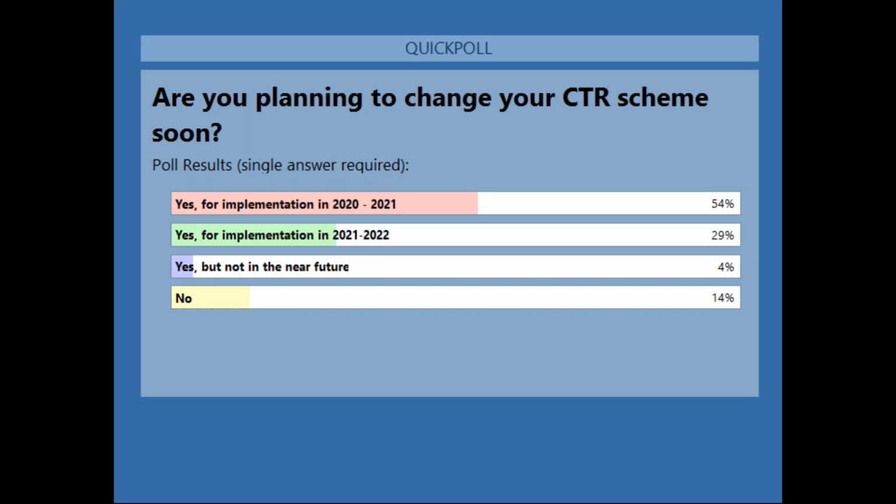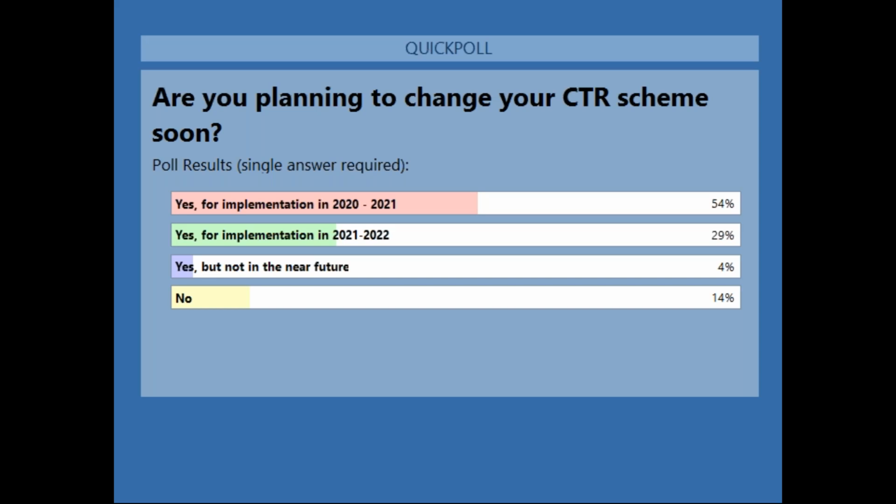Are you planning to change your CTR scheme soon? 54% of you say yes, you're planning to change your scheme for implementation in 2020, 2021. A third for implementation the following year, and 14% are saying no, you're not planning to change your CTR scheme soon. Very interesting. Thank you very much.